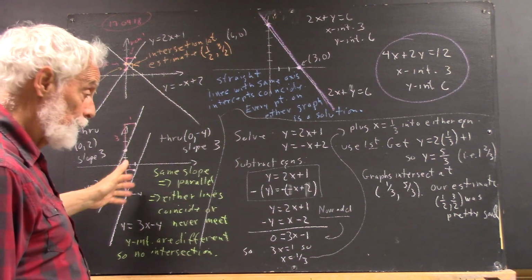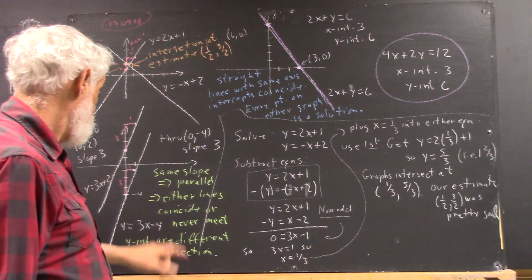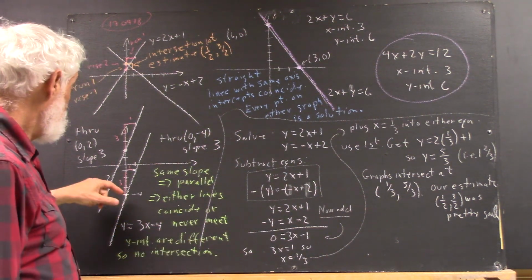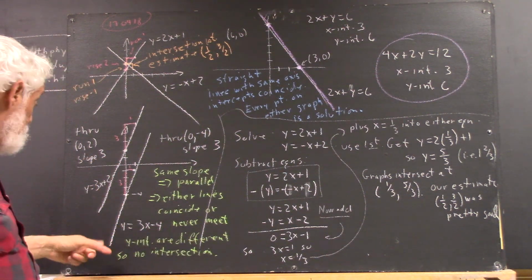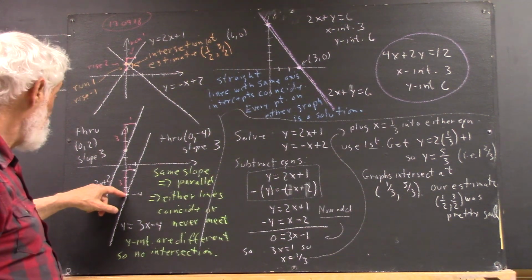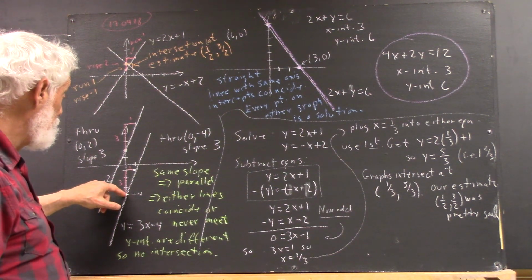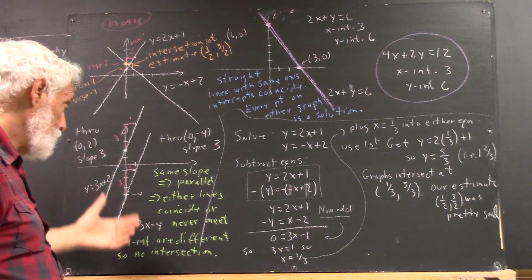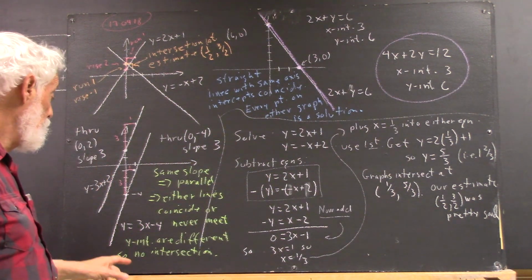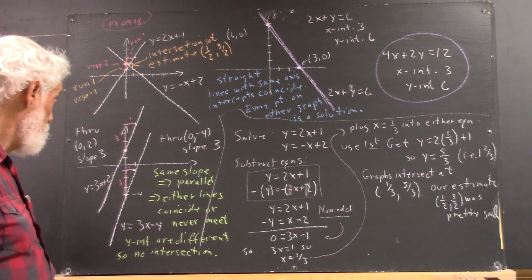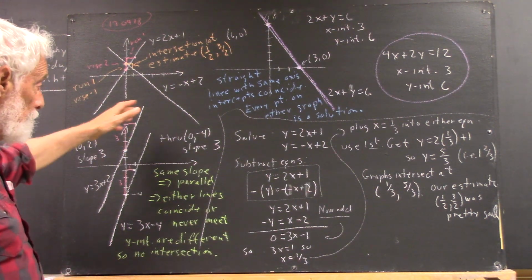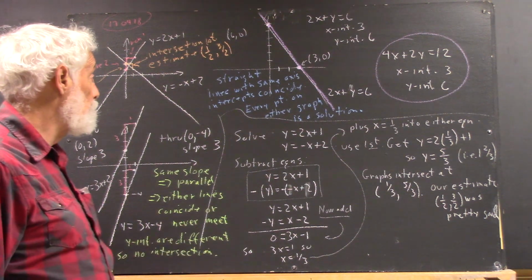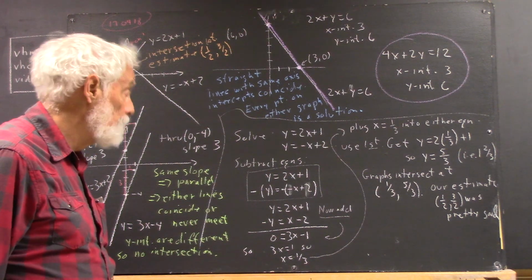Parallel lines that don't coincide never meet. Well, the y-intercepts are different so they don't coincide. This point is on this graph but not this one. This point is on this graph but not this one. The two graphs don't coincide, so there's no intersection, so the lines are parallel. And when we try to do the algebraic solution, we're going to find that there's no intersection. It's going to be very clear.